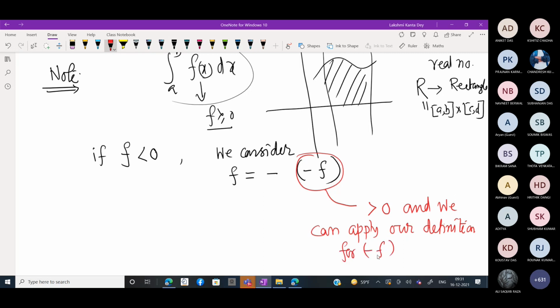Since minus f is positive, we can apply the definition here.